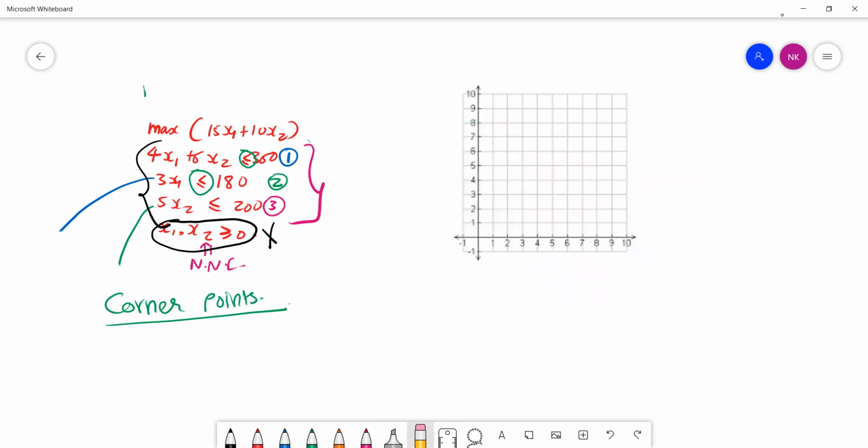So for the first equation, what was the point that we just discussed? It was x1 equal to 0, x2 was 60, and x2 equal to 0, x1 was 90. So it was 90 comma 0, this one, and 0 comma 60, this one. So I will be drawing the line again.